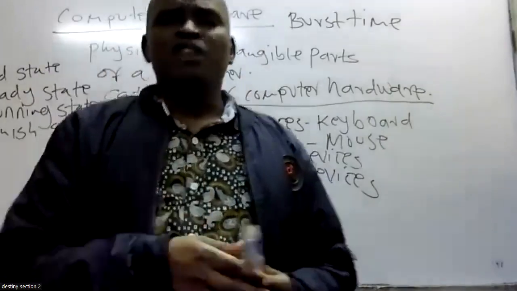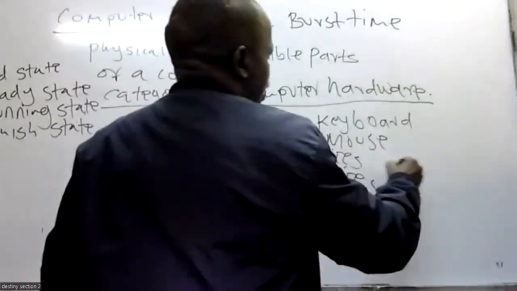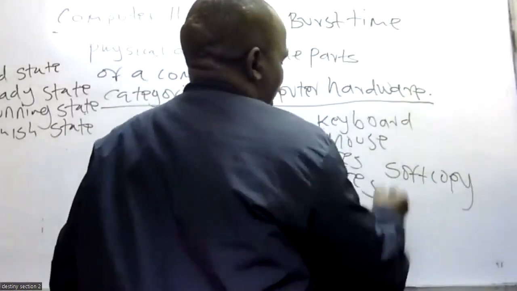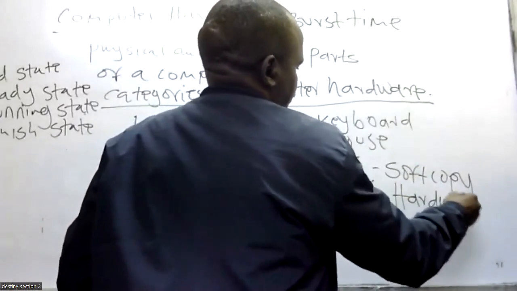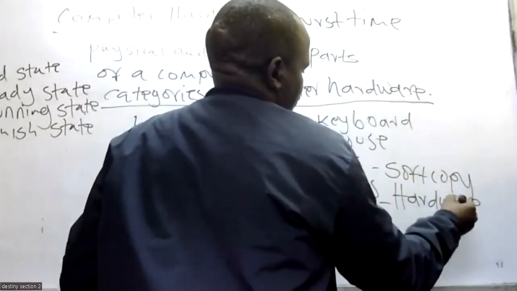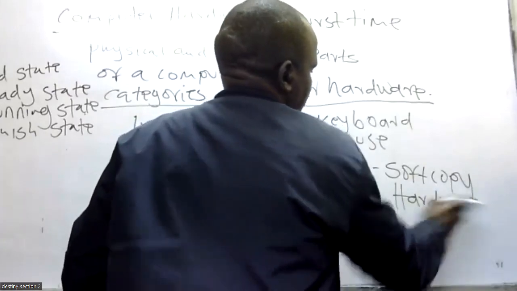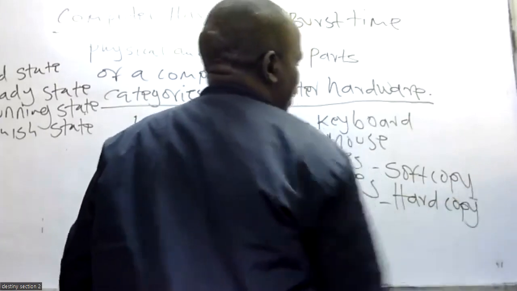These output devices are in two forms. One is in the form of soft copy, and then also in the form of hard copy. So it is soft copy and then hard copy.